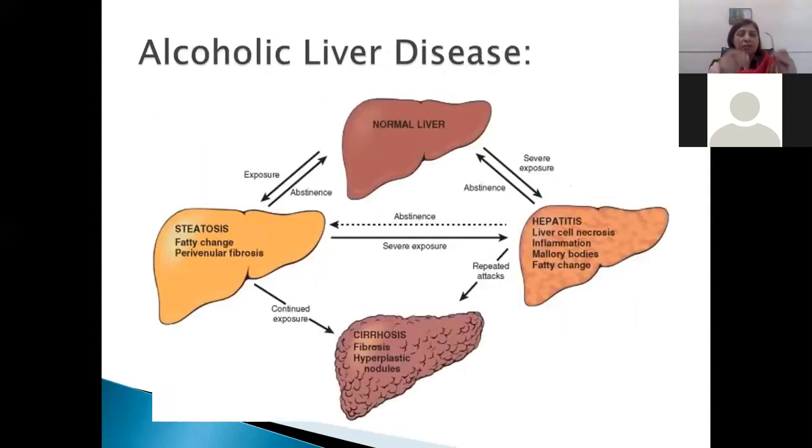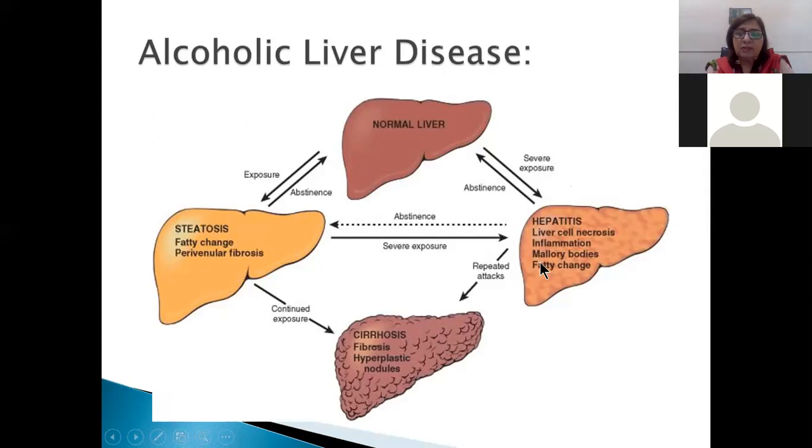If you see this diagram, first there is going to be fatty change in the liver, known as steatosis. If there is less exposure, this will become normal. If there is more exposure to alcohol, there is going to be hepatitis, liver cell necrosis, and inflammation, and Mallory-Denk bodies will be present with fatty change.